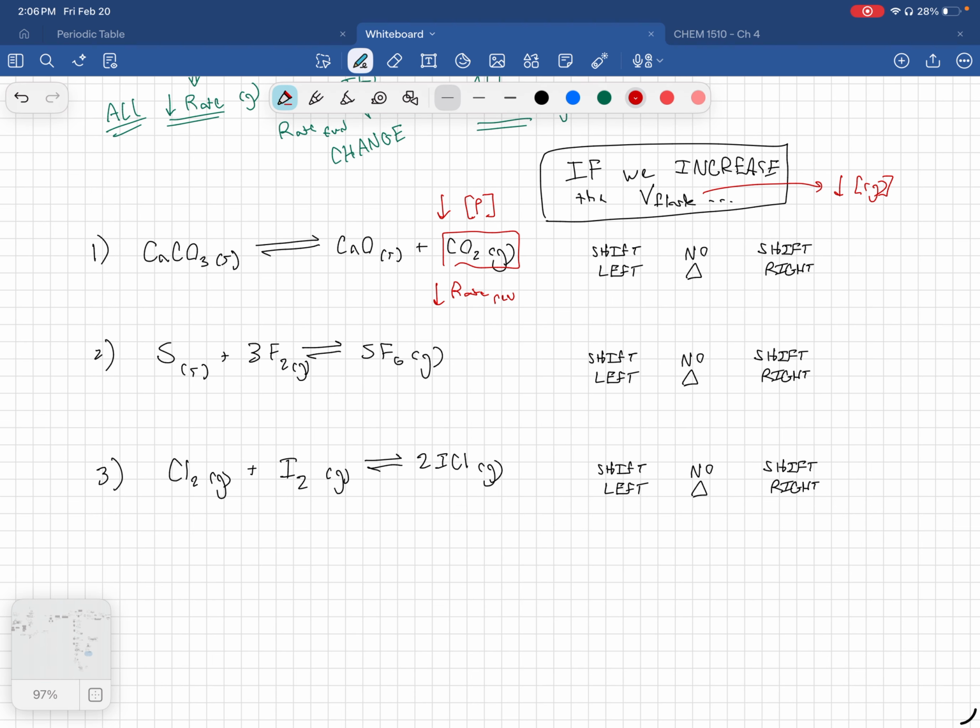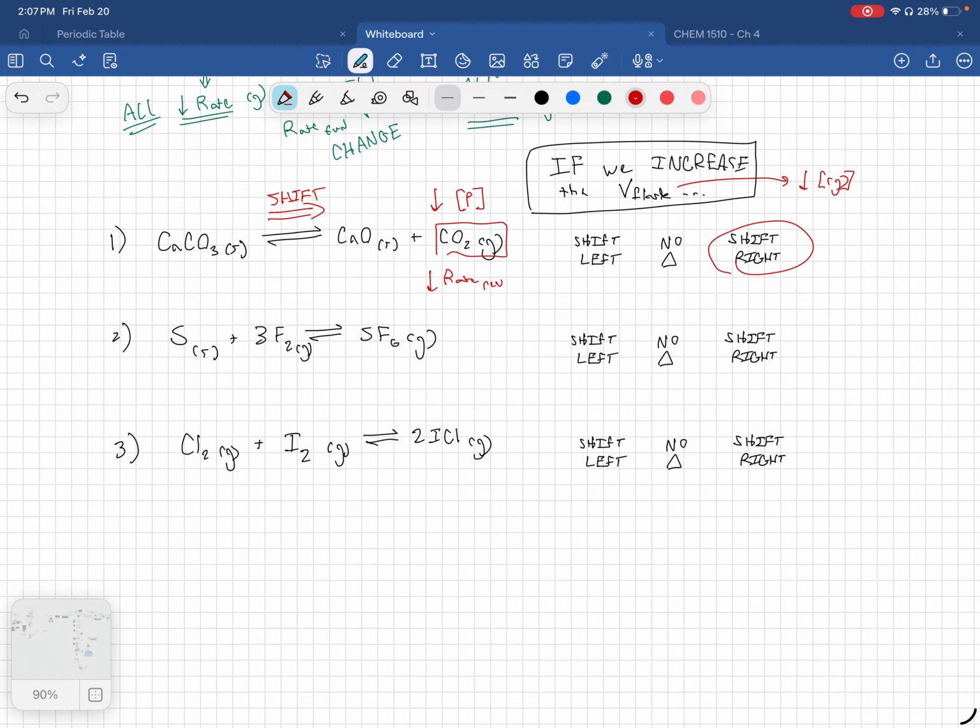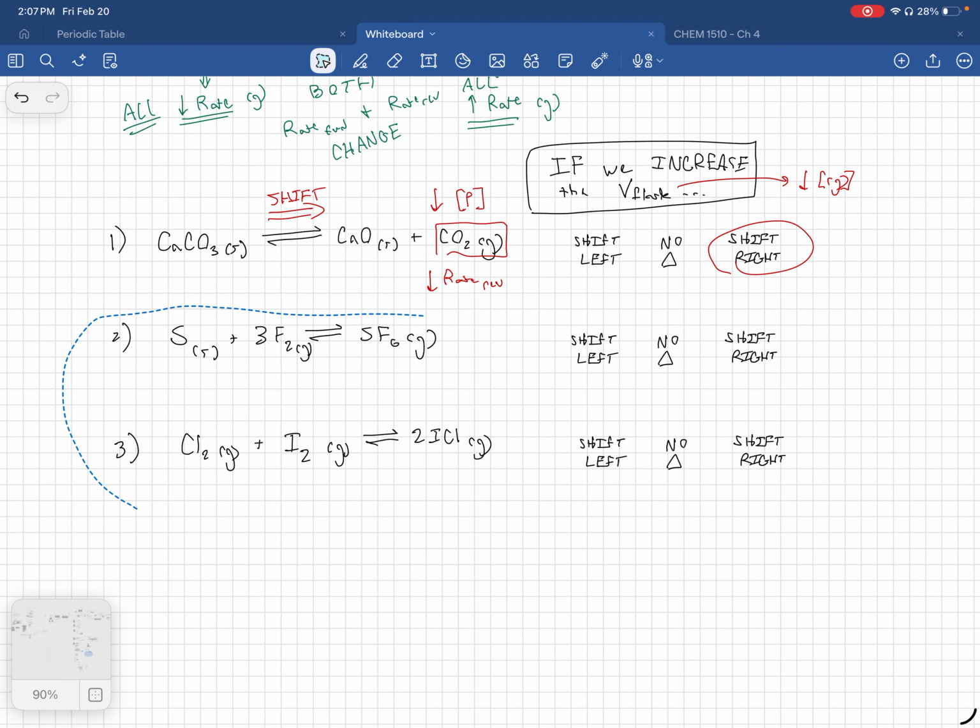So now the reverse rate is slower than the forward rate. And so that's going to cause a shift to the right to form more product and consume more reactant. So this is going to shift to the right in this case. Okay. Hopefully that makes sense so far.